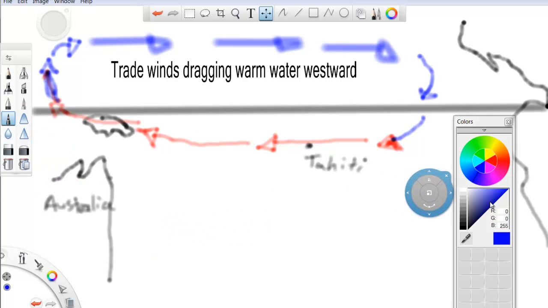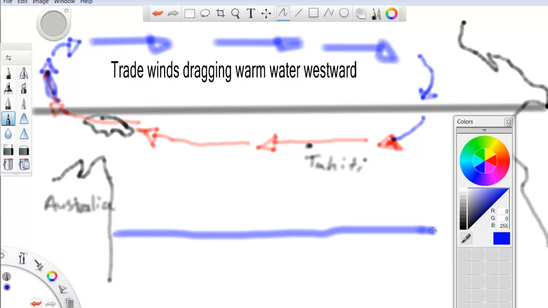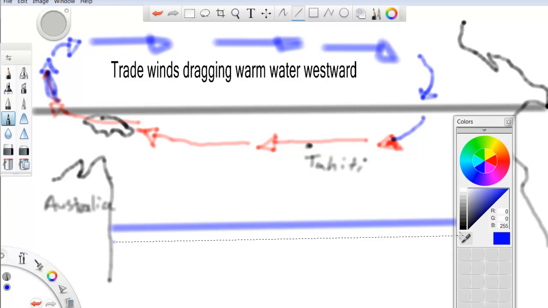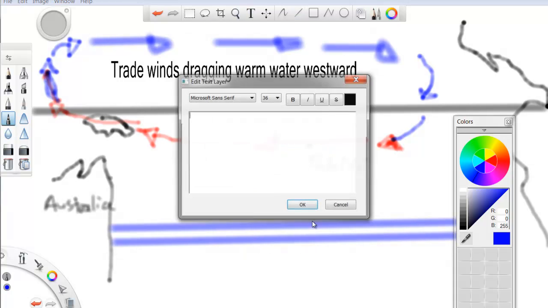Okay, so one of the reasons why we did a distorted look of Australia is because deep in these ocean currents, actually let's go to straight line. Text.